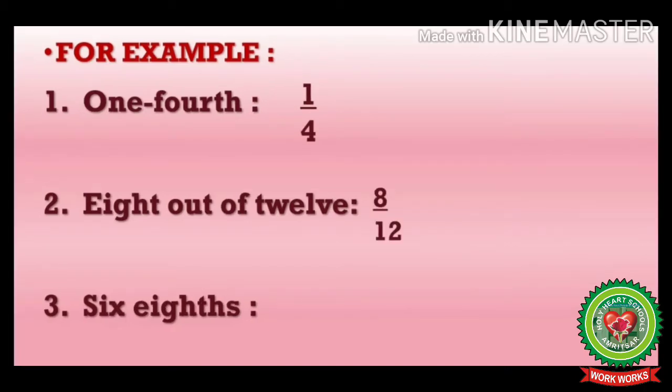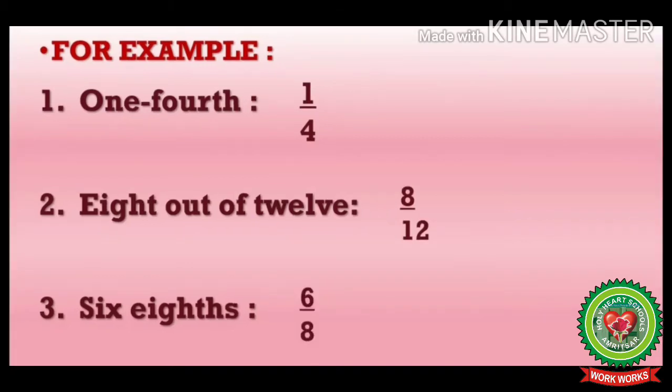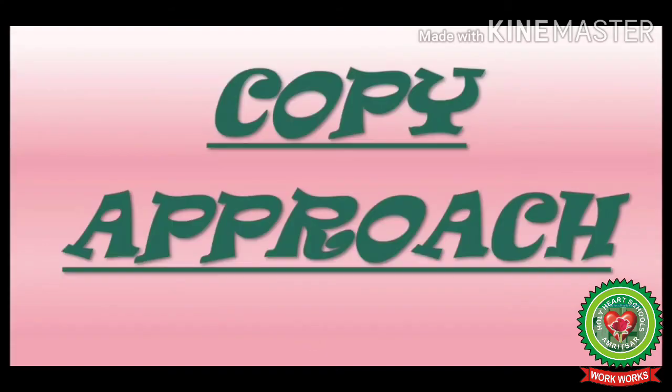Children, do you remember your teacher used to give you marks like this, that you have got this much out of this much? Similarly, 8 out of 12 means 8 upon 12. Third example is 6 eighths. Now with 8, I have added s. Why? Because the numerator is more than 1. So we will write it as 6 upon 8.